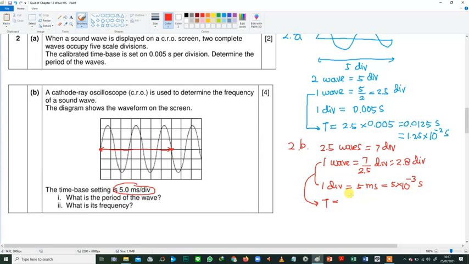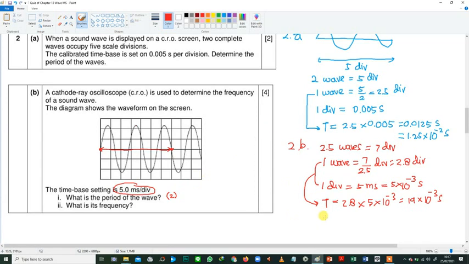The period is 2.8 divisions times 5 times 10 to the power of minus 3. Let's see the result. Okay, it's 14 times 10 to the power of minus 3 second. That is the period. Okay, you will get 2 points until this.